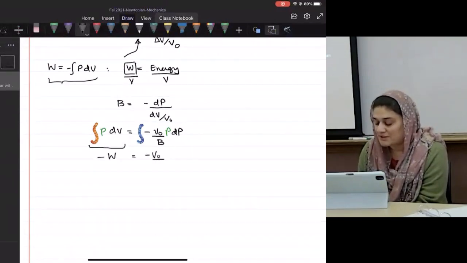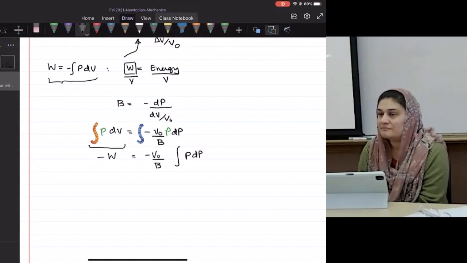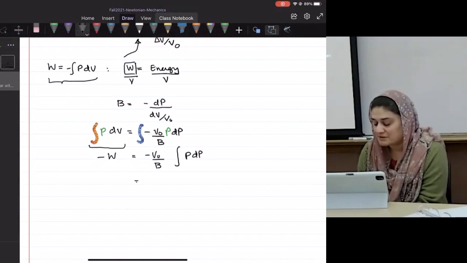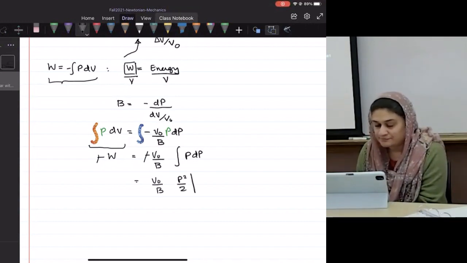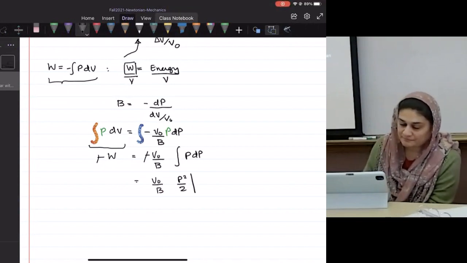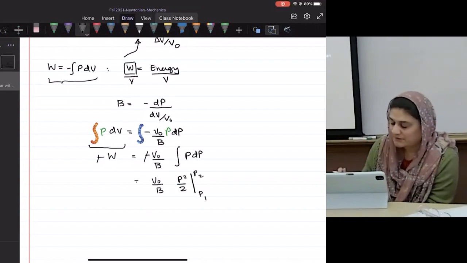Is V0 a constant and is B a constant? Will I get P dP on this side? What's the integration? Well, minuses go away. V0 over B, P squared over 2 from what to what? Which was P2 to P0, right?